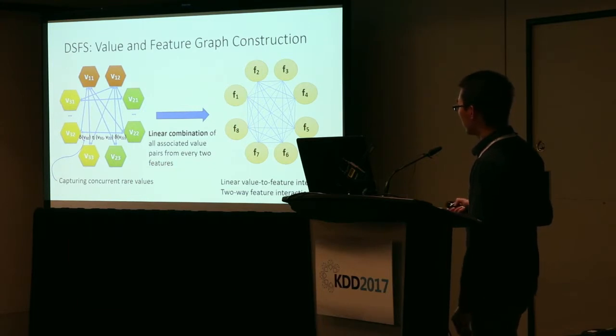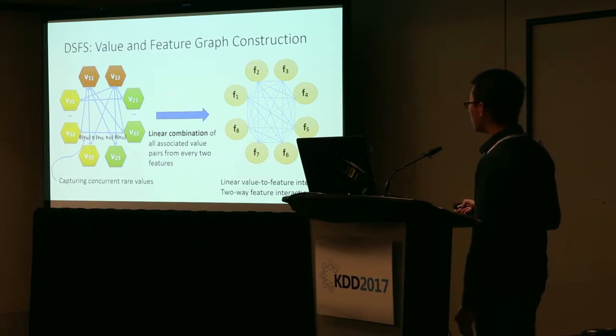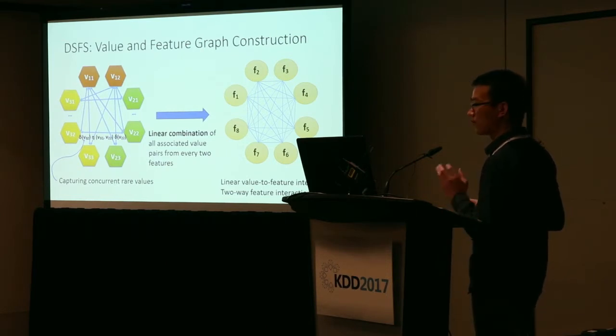The value graph is quite similar to the previous work, and this helps us capture the coupled outlying values. The method we use to derive a feature graph from this value graph is still very simple: we use the linear summation of the associated value pairs of any pair of features.